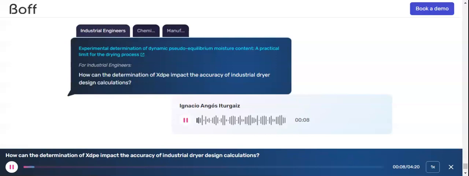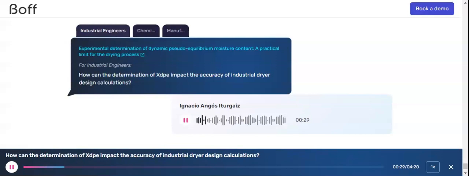The determination of dynamic pseudo-equilibrium moisture content can significantly affect the accuracy of high industrial dryer design calculations. Many materials of biological origin require precise conditions for drying, and for the most part, moderate conditions.